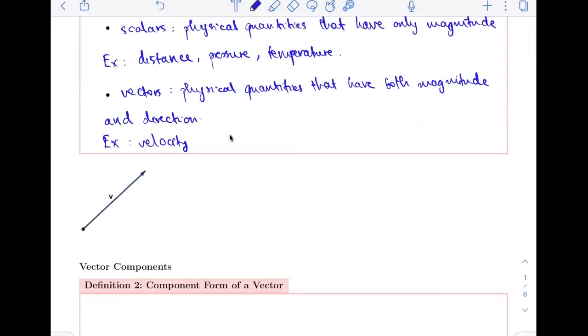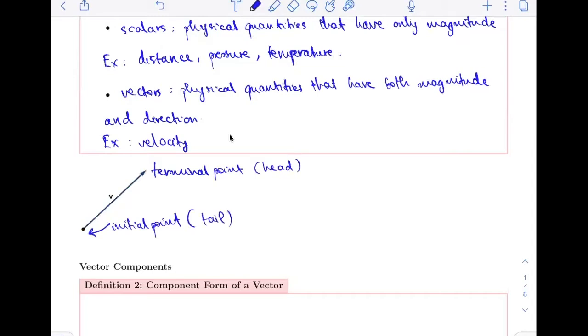You have the starting point right here, which is called the initial point, and the end point right here, which is called the terminal point or the head. Another name for the initial point is the tail.